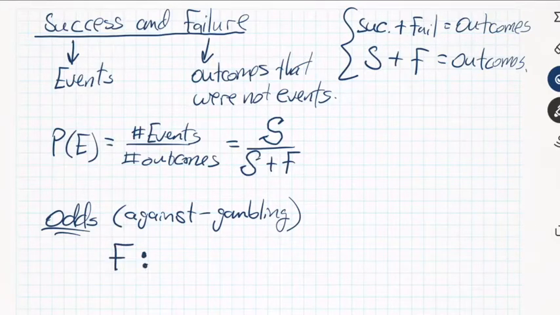So it's usually written as a failure number, and then we put a colon, and then successes. So if you were doing odds for instead of odds against, this thing would just flip around and have successes first. But for betting purposes, odds against are how you calculate how much you win if you actually win.